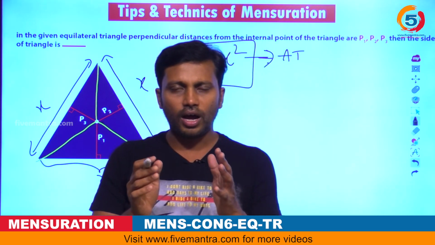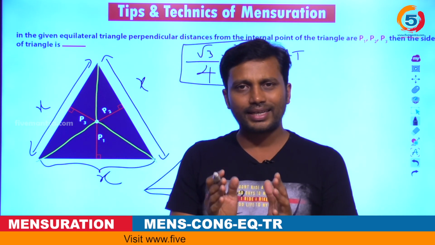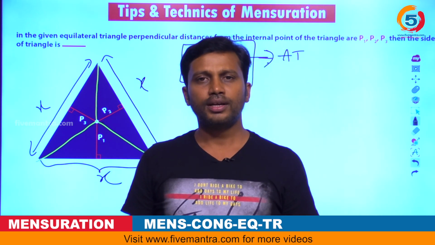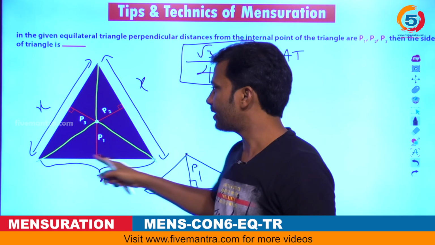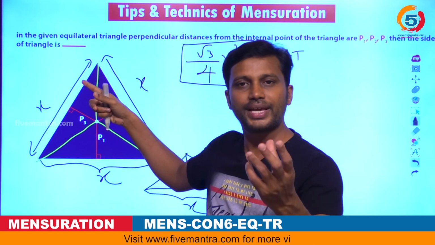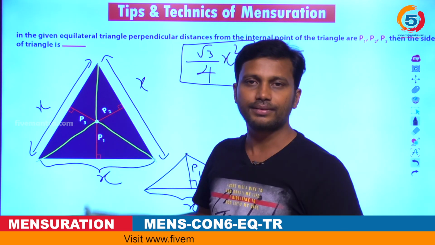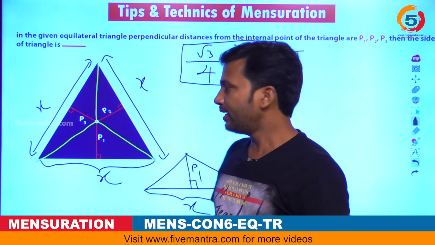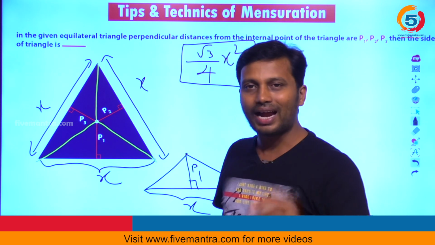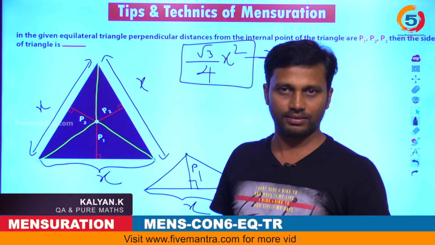So after observing all the diagrams, what did you get? Here the sides of the bigger triangle are acting as bases for the small triangles separated, and the remaining P1, P2, P3 are the heights of the respective triangles.